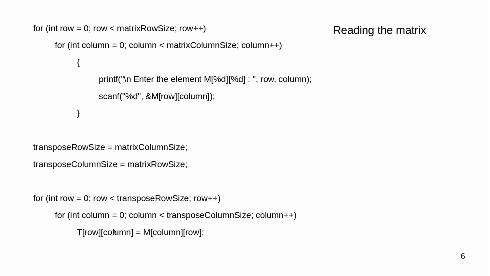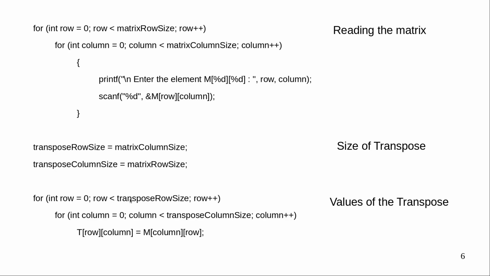Once that is over, we have to find the values in the transpose matrix. The first step is to find the transpose row size, which is the same as matrix column size, and transpose column size, which is the same as matrix row size. So the size of the transpose is decided, and now we have to find the values associated with the transpose. For that, again we write two loops.